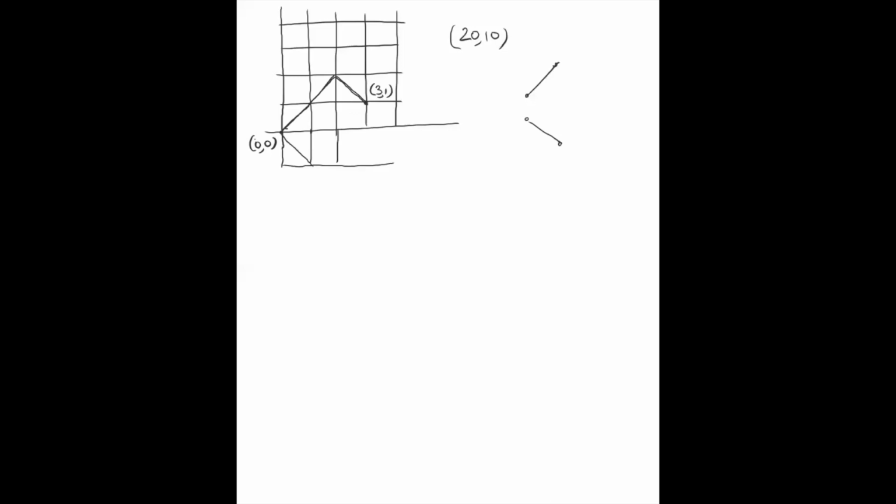So say he goes this way and then from here and here. So there are multiple paths. What we are interested in is the number of paths from 0, 0 to 20, 10. We want to find the number of such paths.